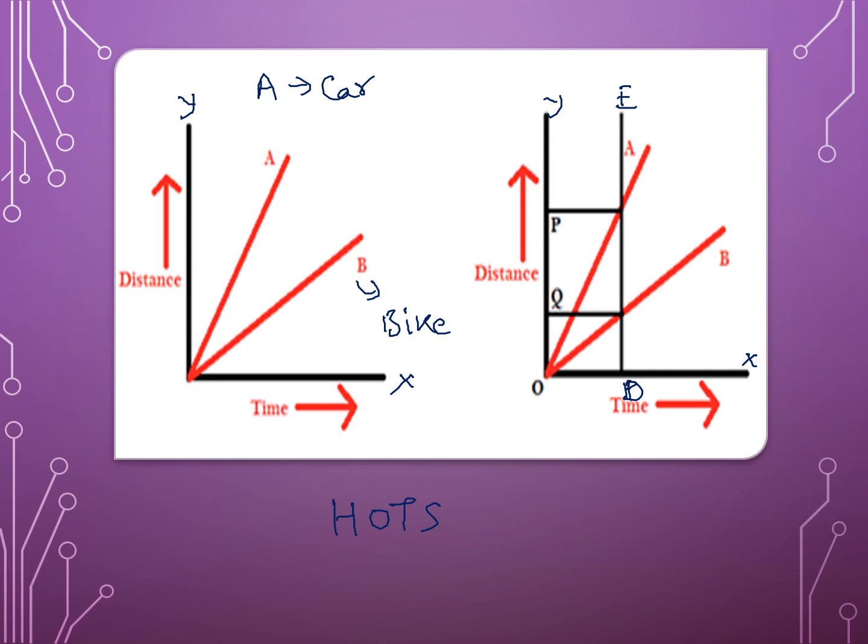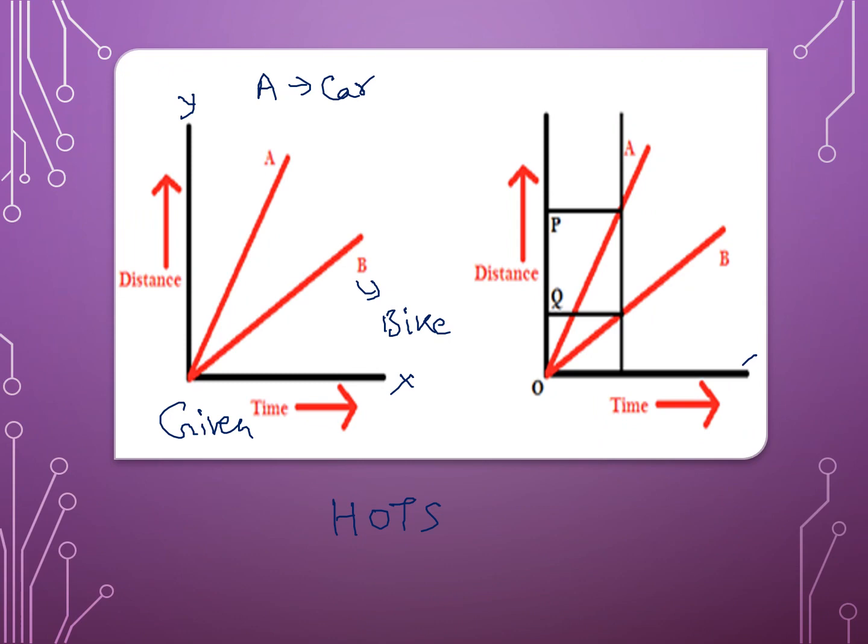Now just take a look, I am explaining, just listen. This second graph is the given graph, and this first graph is our analytical graph. So how exactly can we acquire the information?